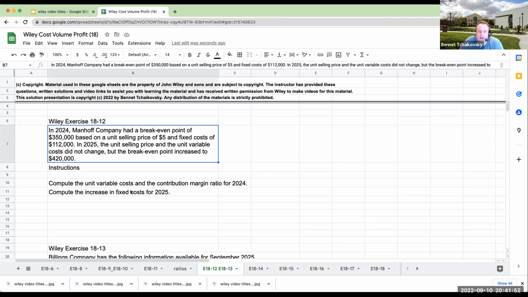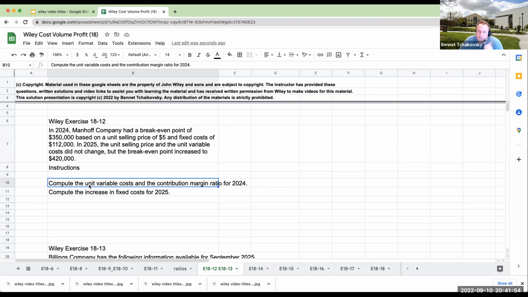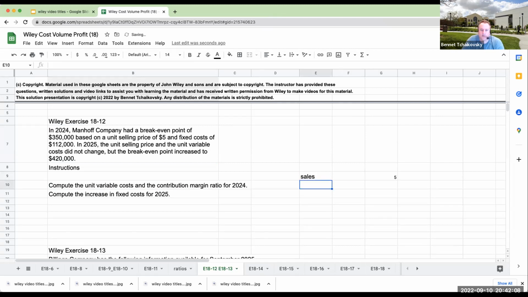Okay, so let's take a look at this one. It says compute the unit variable cost and the contribution margin ratio for 2024. So we're going to have sales, with a selling price of 5. We have units, per unit, and total, less variable costs, and this is going to give us our contribution margin.